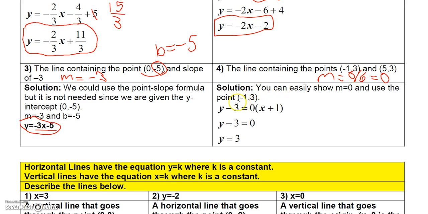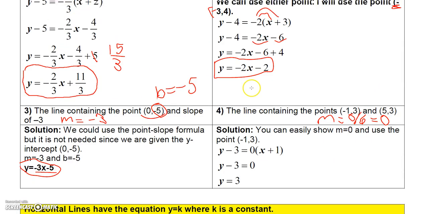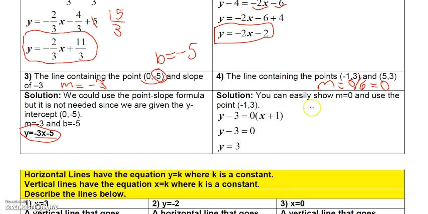Now I'm going to use the point negative 1, 3 and use this formula again that we had up here. So since I'm using 3 for the y value, then I'd have y minus 3 over here. And since I'm using negative 1 for the x value, this would actually be x minus negative 1, and x minus negative 1 will be x plus 1.